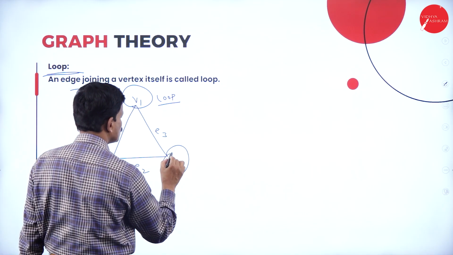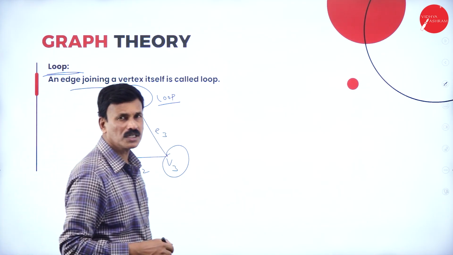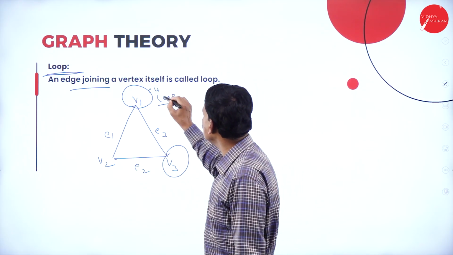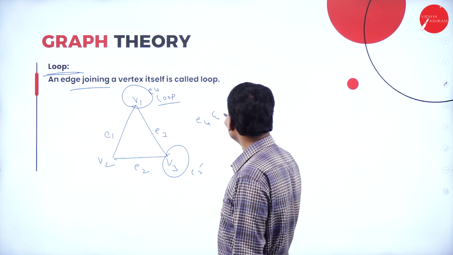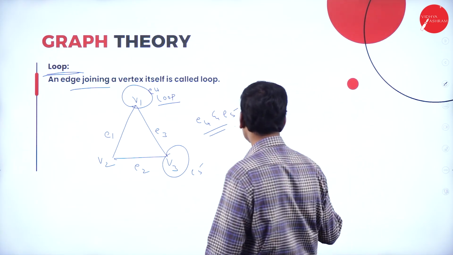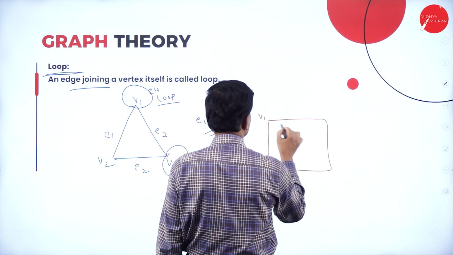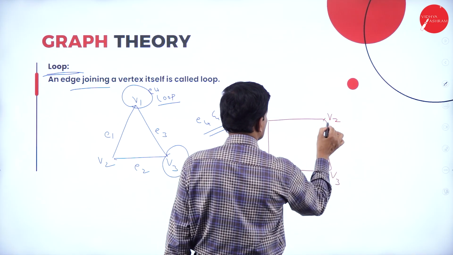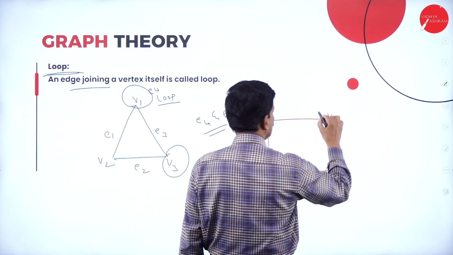Another example, this is also an example for a loop. So these two are the loops. Since it contains E1, E2, E3, let us represent this as E4 and this as E5. Therefore E4 and E5 are called the loops. Let us consider one more example for a loop. Suppose this is a graph, V1, V2, V3, V4 are the vertices, and I draw a loop.